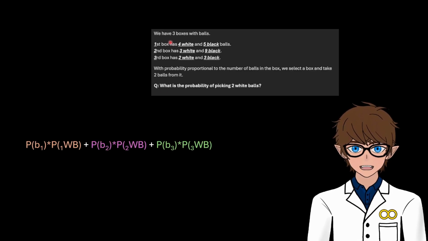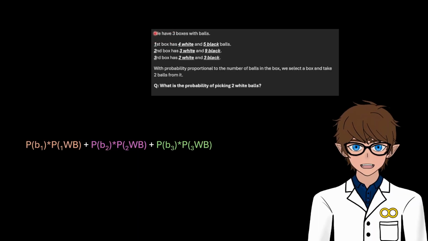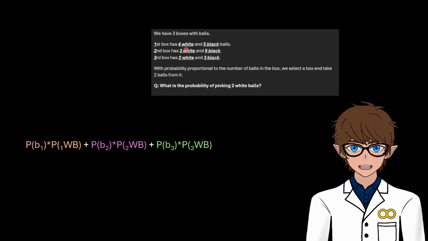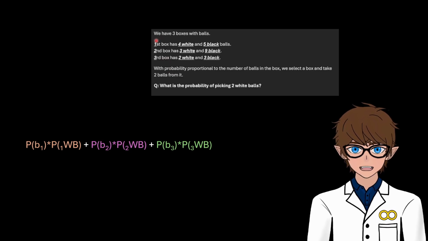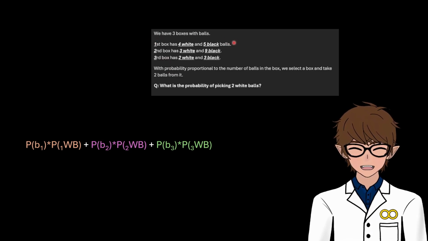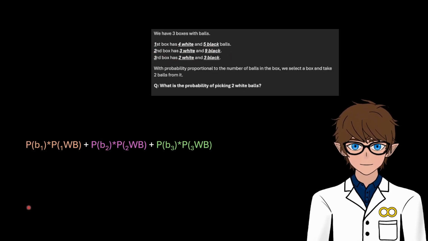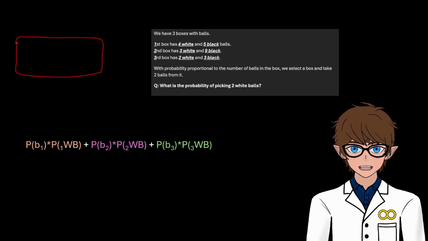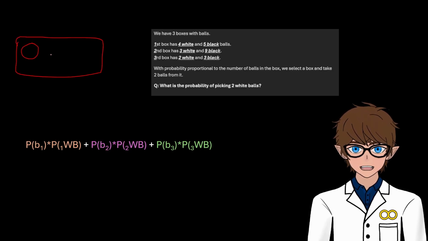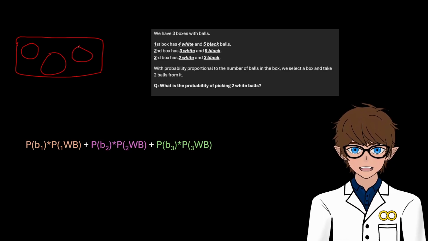For this formula, I assume that we have our sample space and it only has 3 elementary outcomes, or 3 events that can happen, to be more precise. The first event is to pick the first box. Second event is to pick the second box, and third event is to pick the third box. They have no overlap. I should maybe draw this. So we have our sample space. We have our box 1 event, box 2 event, and box 3 event.